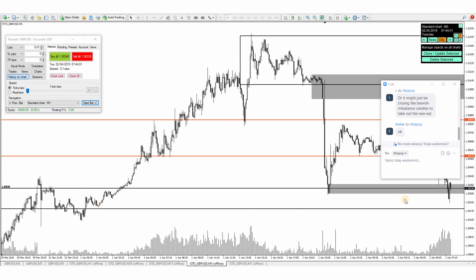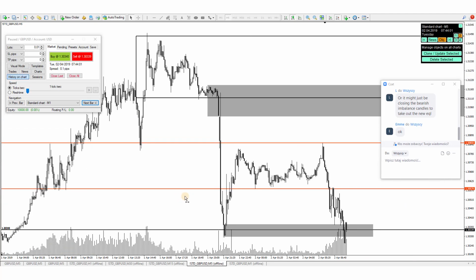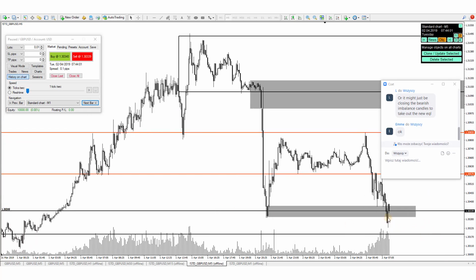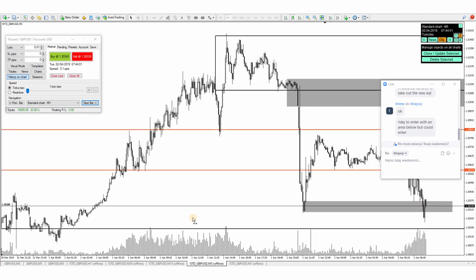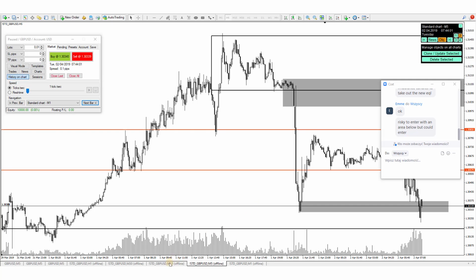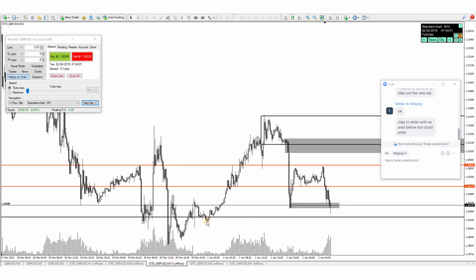Just so as not to confuse you, guys, what I'm doing is looking for a reason why the price rejected from here, because these two candles on the M5 have a small body on top and a big wick to the downside. It was a very big rejection during just 10 minutes, and I'm looking for any reason why it happened here, because I just want to have correct zones.